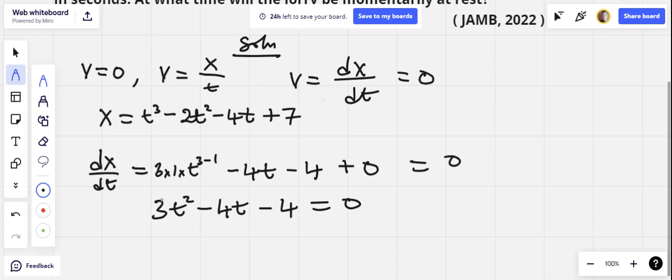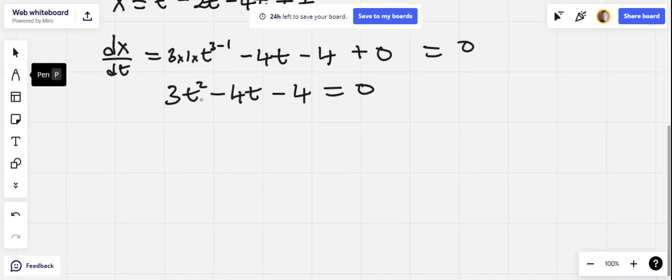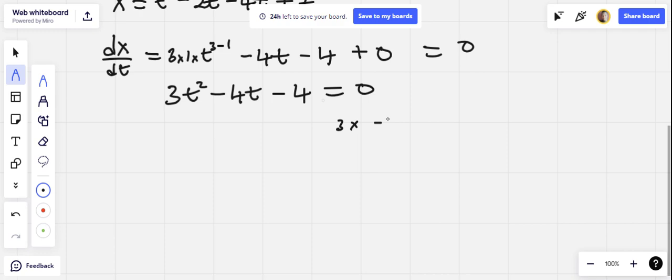What we have here is a quadratic equation. And remember, we are trying to solve for t, because we are asked to find the time it will take the lorry to come to rest. So we are going to solve this quadratic equation. First, we do 3 times minus 4, which gives minus 12.